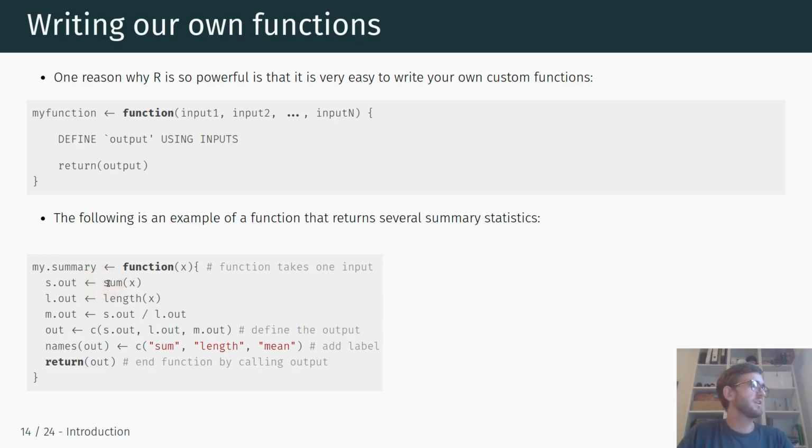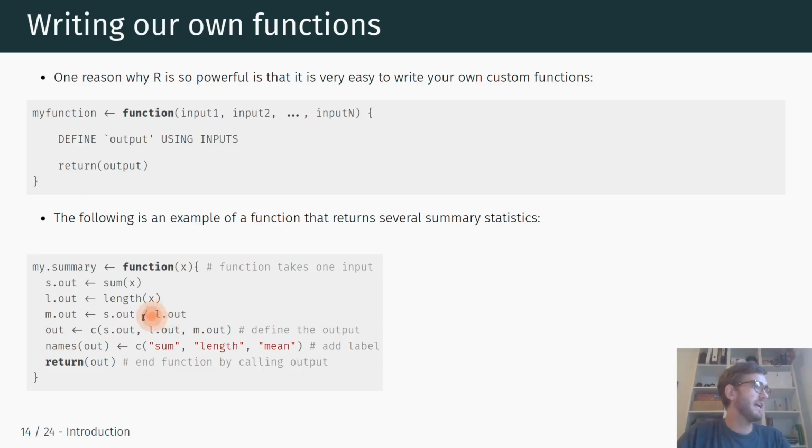And then we can compute three different summary statistics. First, we just sum up all the elements in x. We compute the length, or we just return the number of objects that were in x, assuming that x is a vector.